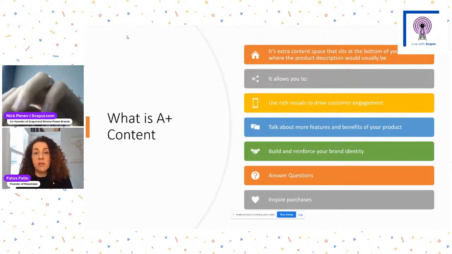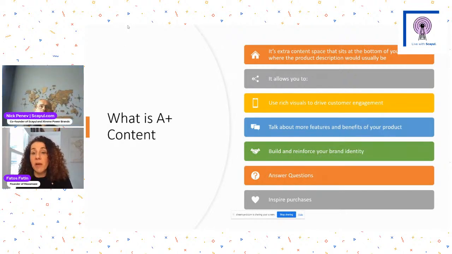Within this space, you can talk about the features and the benefits of your product. You can reinforce your brand identity. There are spaces for Q&A, so you can preemptively answer questions that shoppers may have, and then ultimately get them to buy, get them to convert. So A+ content is a fantastic tool for all of that.